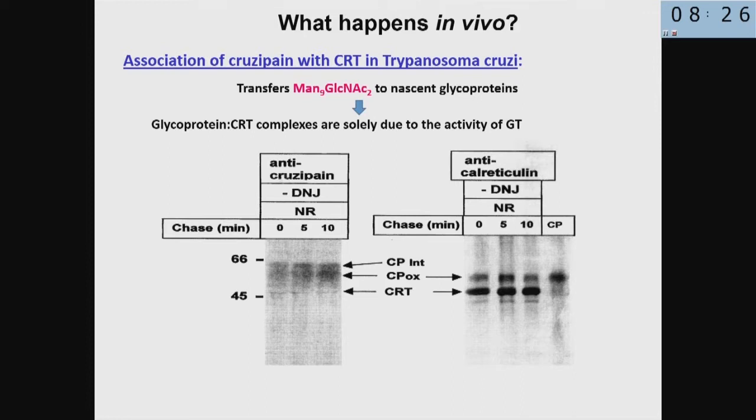As you may recall, calreticulin recognizes specifically monoglucosylated epitopes that are created by the glucosyl transferase. So that means that the enzyme, the glucosyl transferase, has glucosylated cruzipain molecules in which all or nearly all the disulfide bridges have already been formed. So yes, this enzyme acts on the last folding intermediates.